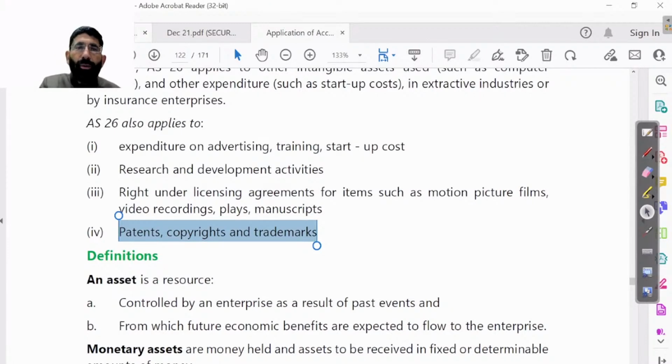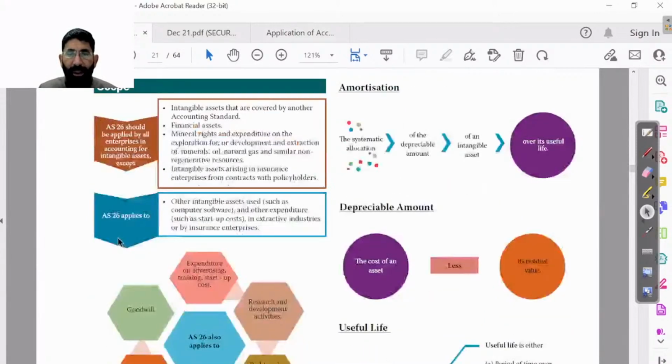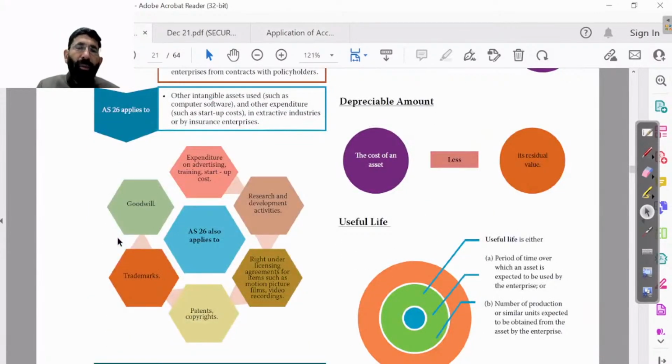Okay. Also it will be applicable on goodwill, patents, trademark, copyright. Here it is specifically mentioned. It will be applicable on goodwill, patents, research and development activities, training, advertisement, startup cost, trademark, copyright, licenses agreement of motion picture films, video recording, etc. So it will all be applied on this.